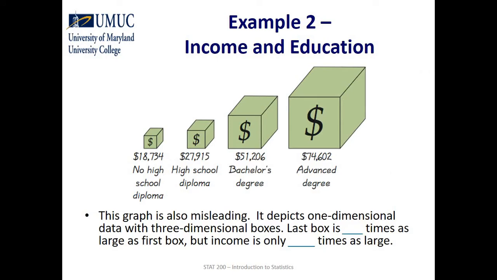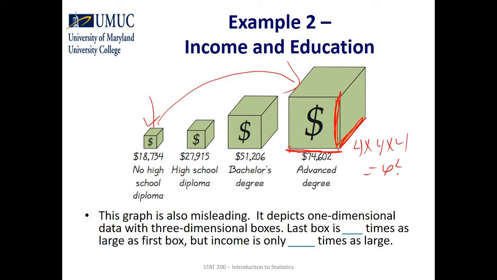Well, this next one, all right, so if this is $18,000, going from here to here, that's only 4 times as much. But if you were to increase this length by 4, increase this length by 4, and increase this length by 4, you've actually increased it 4 times 4 times 4, which is 64 times.